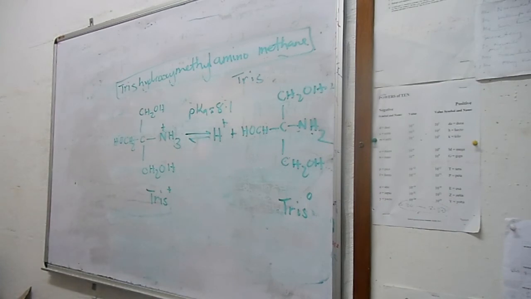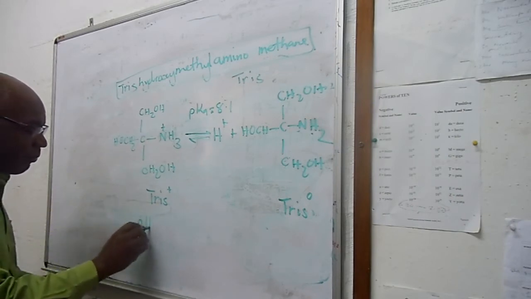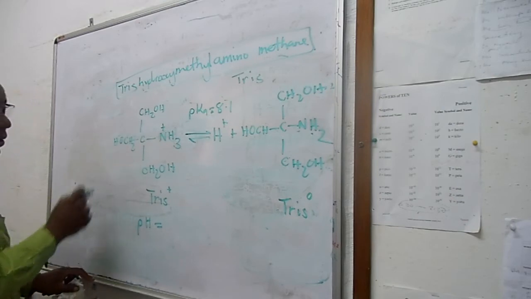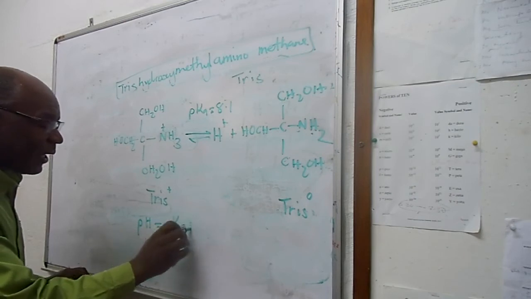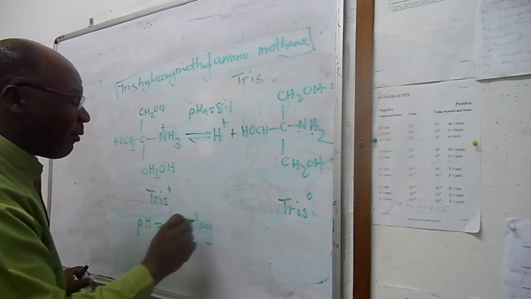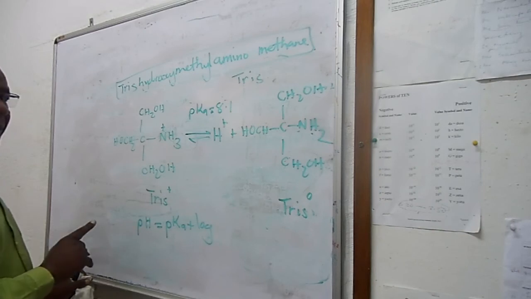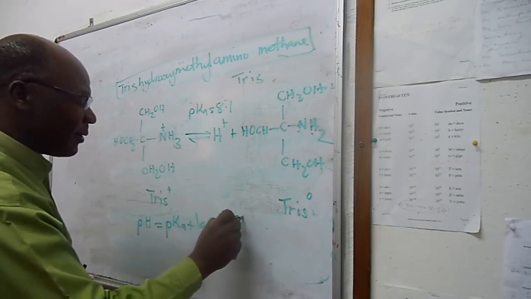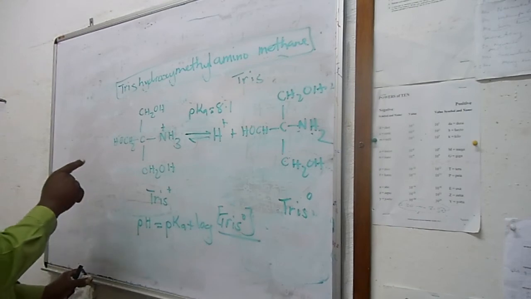So basically, if you want to find the pH of a reaction or the environment that you are working with, if you are using the tris buffer, it will be pH is equal to pKa plus log of the base. The base is the one that has less hydrogen, so it's tris 0, the concentration of tris 0 over the acid.